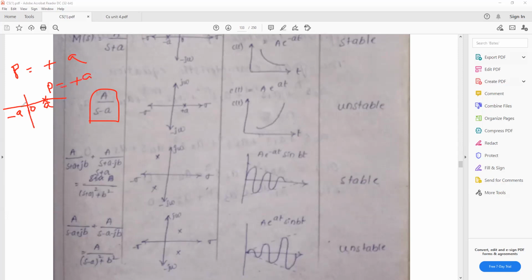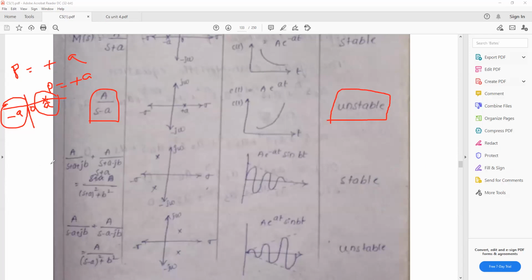The poles on the left hand side of the s plane give a stable system, but here the pole is on the right hand side of the s plane. So the given system is an unstable system. It's very simple.